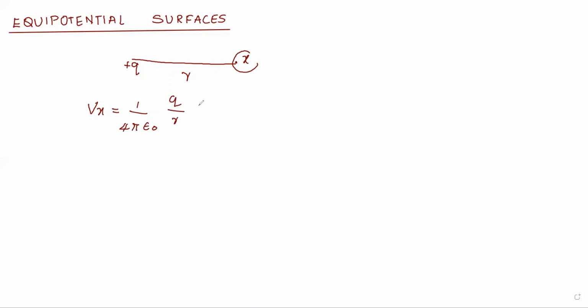We all know that. So now if I consider one more point, I'll draw the same diagram over here. I have considered plus charge, and I have considered one point x, which is at a distance r.